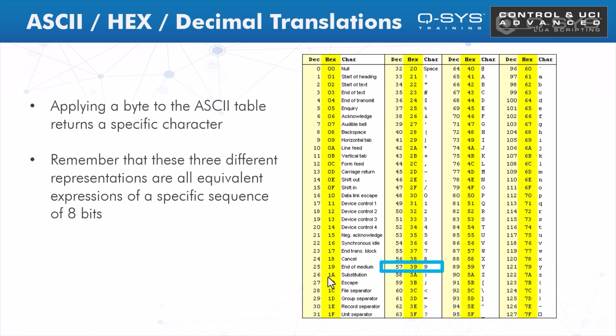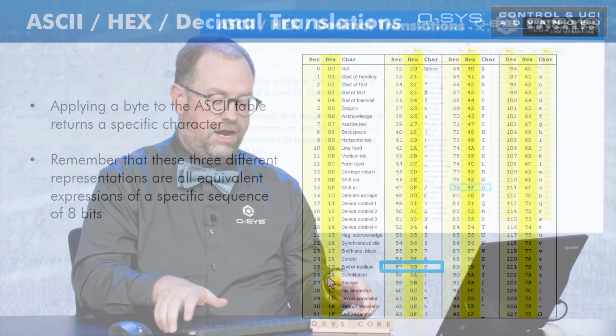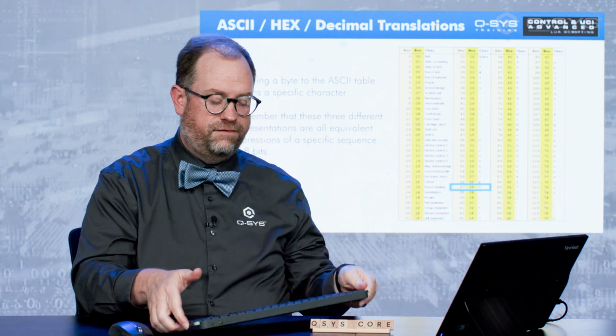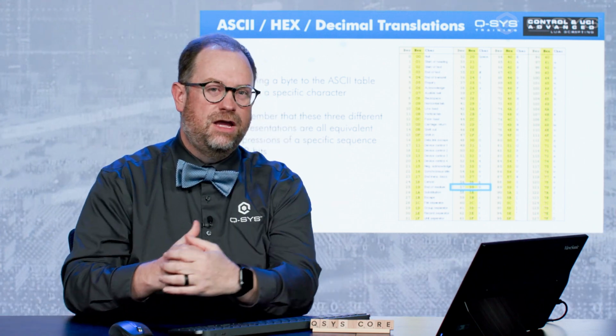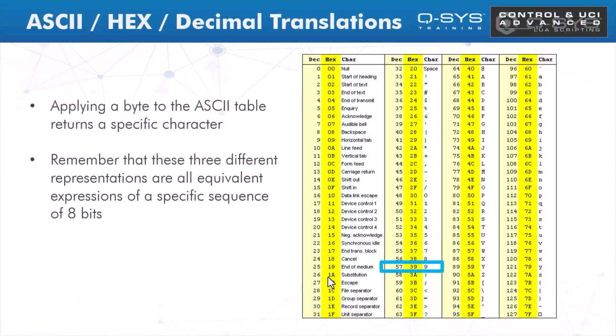For example, if we take the character 9 right here off of the keyboard, when I choose that particular Scrabble tile, if I translate it down to its binary representation, that corresponds to the same binary encoding of the hexadecimal number 39, or the same decimal number of 57.